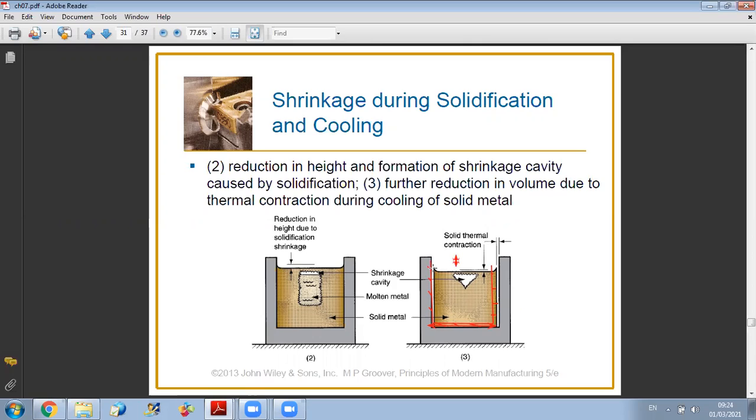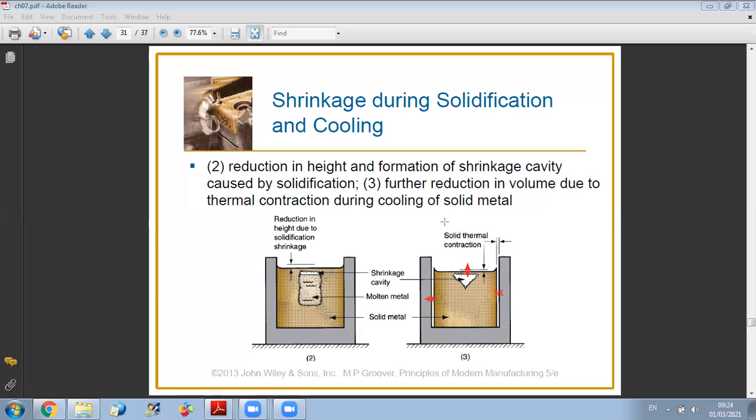So in this case, we say it's solid thermal contraction, and in general, we give the linear percentage of contraction in all three dimensions. As you can see in this figure, the solid thermal contraction will be multidimensional, so it will be in height, and also along the base area dimensions. So this is called linear thermal contraction.